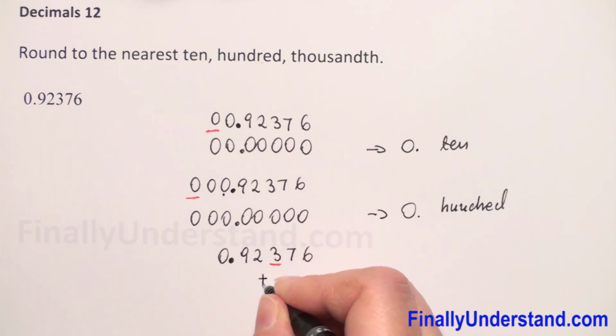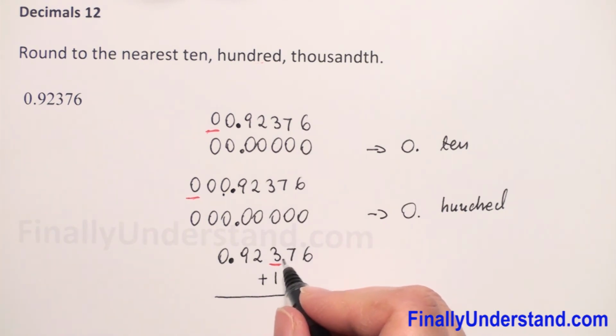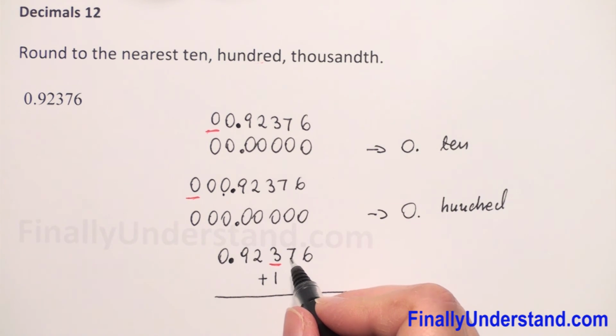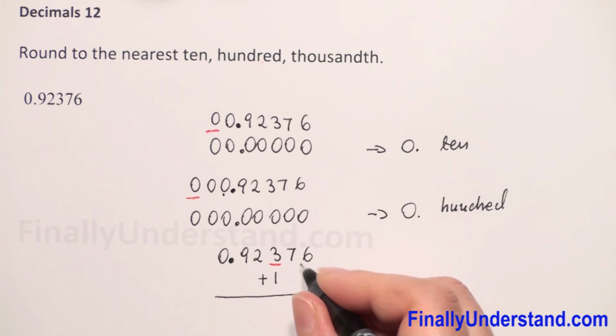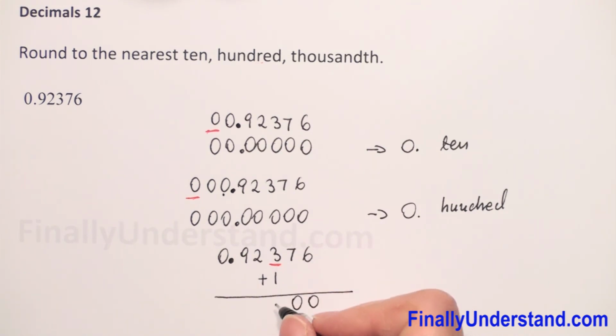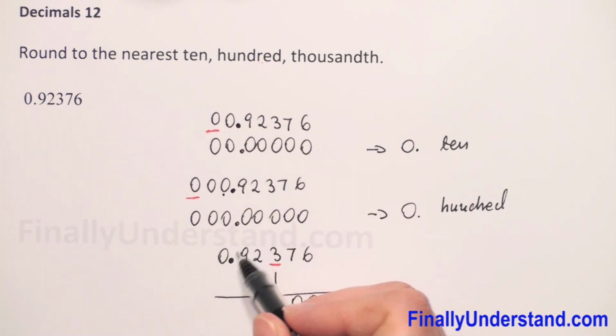So we have to add 1. And what else? Everything we have after our underlined digit, we have to change to zeros. So 6 we change to 0, 7 we change to 0, 3 plus 1 is 4, and everything we have before the underlined digit we have to rewrite.